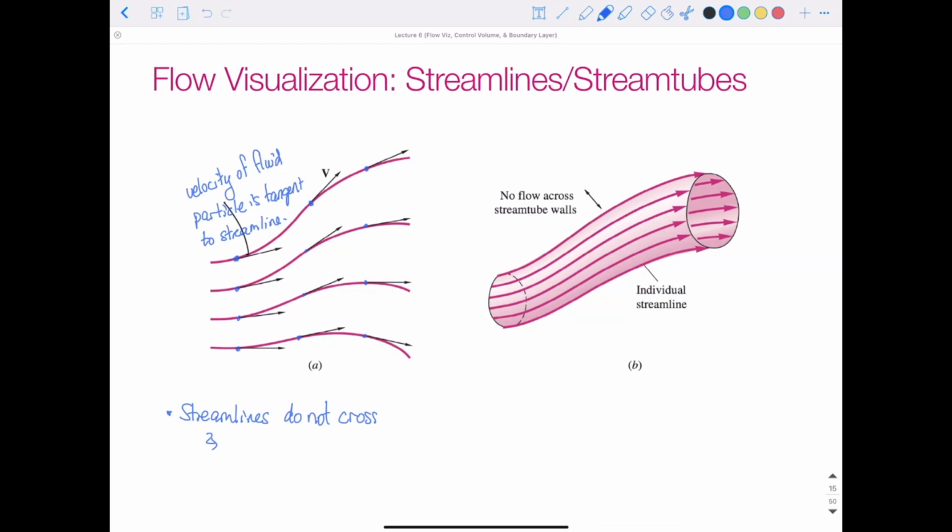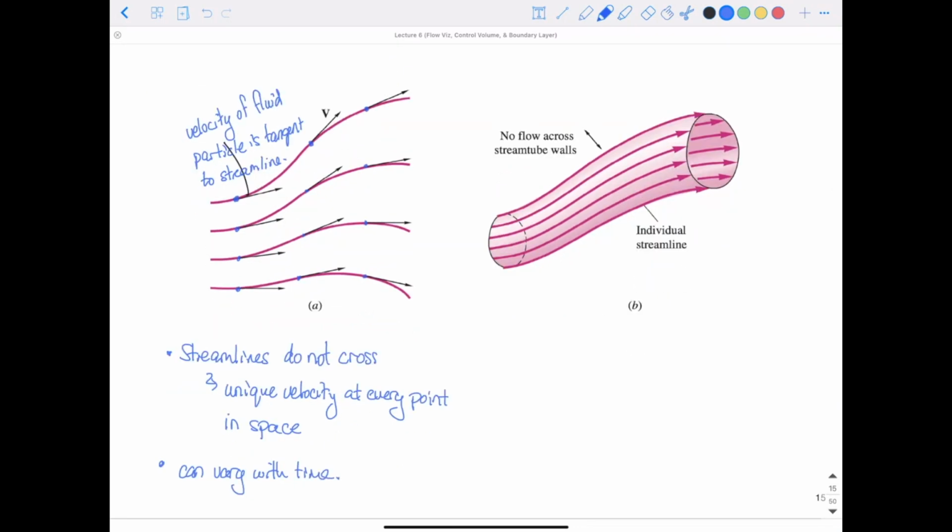Our streamlines could also vary with time. If we have unsteady flow, meaning our flow is changing with respect to time, our streamlines will also change with time, and they will always maintain that first rule where the velocity of a fluid particle is always tangent to the streamline.